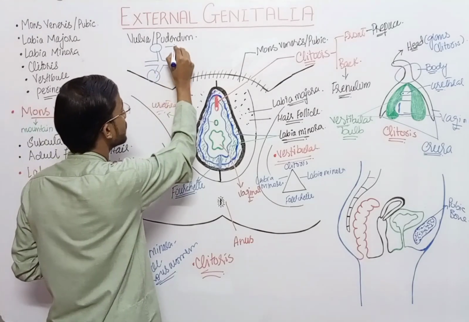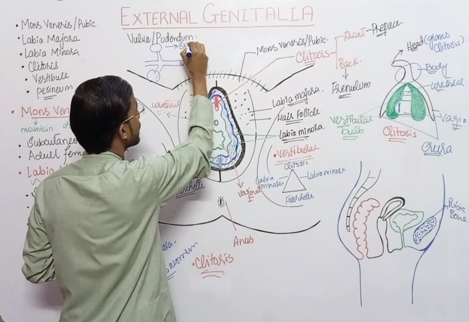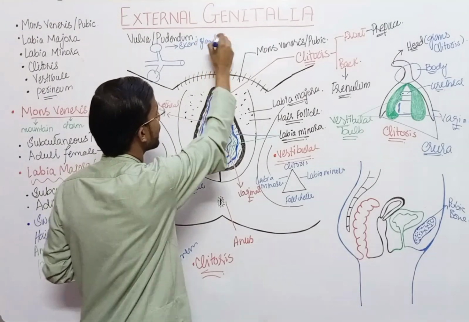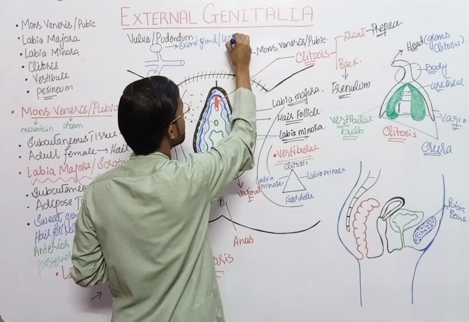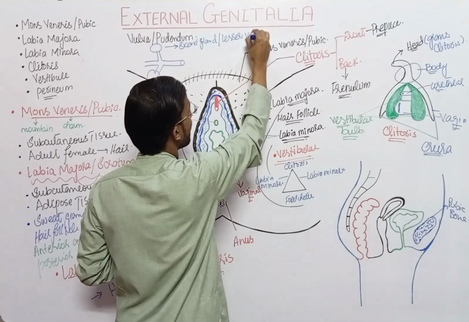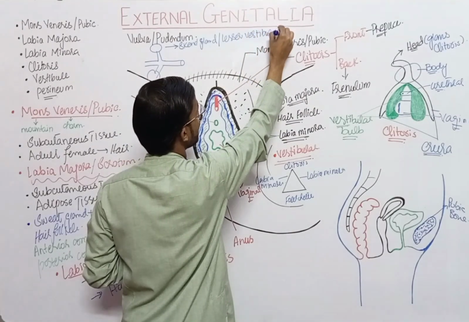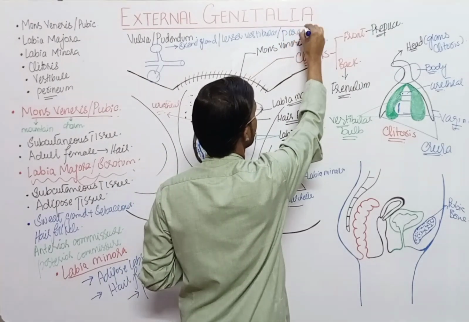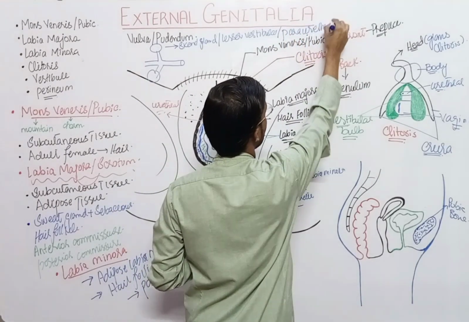These glands are called Skene's glands, or lesser vestibular glands, and the third name is paraurethral glands. These are all the same: Skene's gland, lesser vestibular gland, and paraurethral gland.